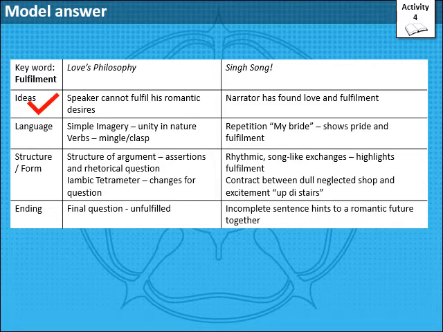In Love's Philosophy, Shelley uses images of unity in nature to illustrate the speaker's desire for fulfilment within a romantic relationship. Shelley uses physically suggestive verbs such as the mingle of the fountains and river, the intimate kiss of the mountains, and the dramatic, exaggerated clasp of the waves to highlight the intense physical longing the speaker feels towards his beloved.